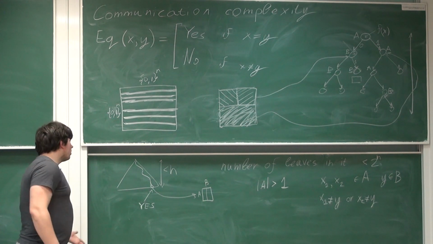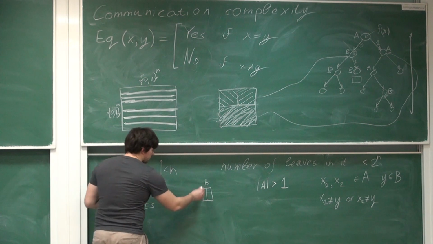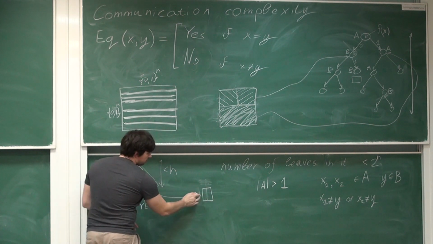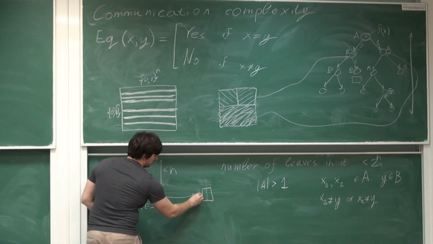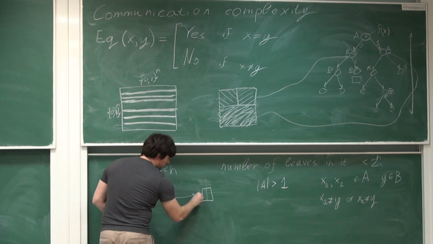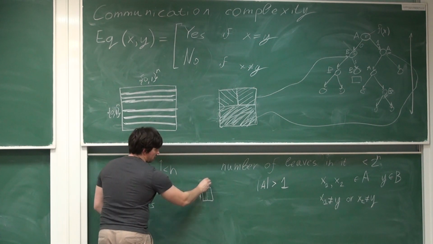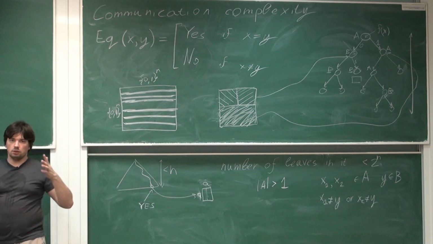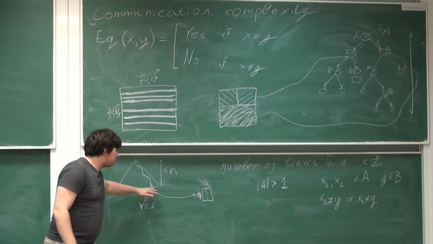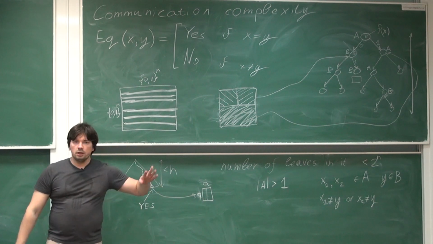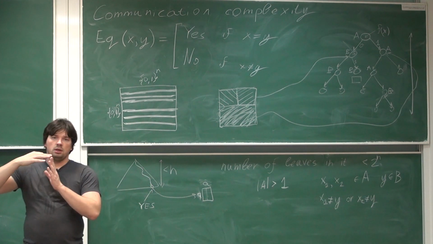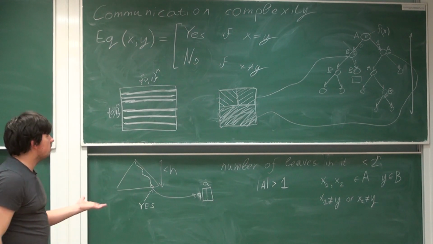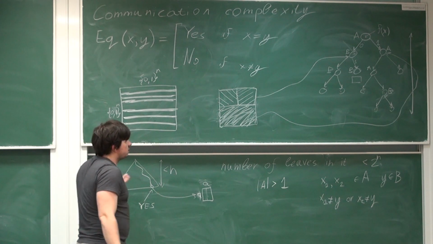So we know that if we're in a leaf where the answer is yes, it's just a rectangle with one row and one column, of size 1 by 1. So what does it tell us?